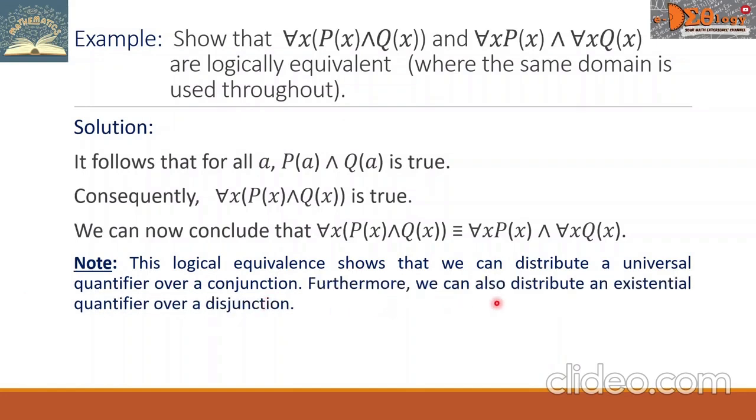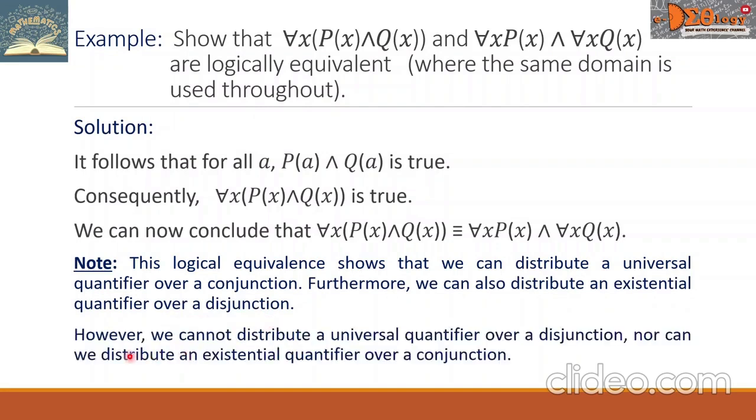Furthermore, we can also distribute an existential quantifier over a disjunction. However, we cannot distribute a universal quantifier over a disjunction, nor can we distribute an existential quantifier over a conjunction.